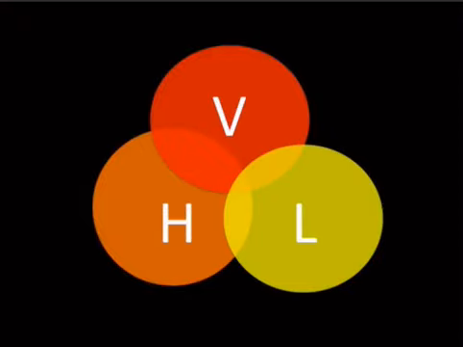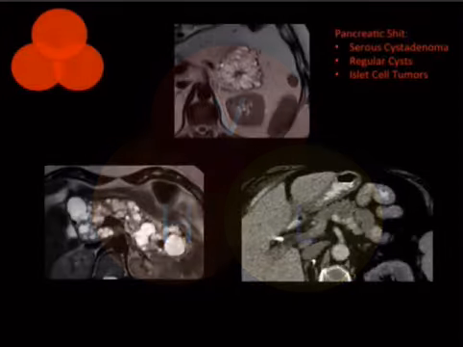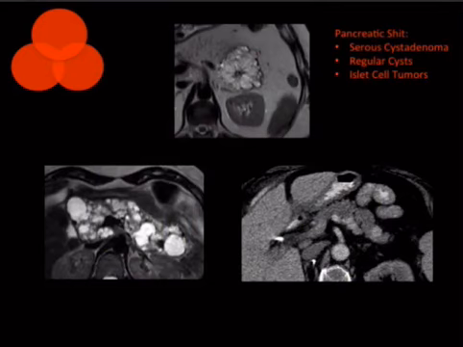Von Hippel-Lindau is 3 letters, 3 categories. Category 1 is the pancreas. Everything that can happen in the pancreas basically does, increased in von Hippel-Lindau. So serous cysts, more cysts, and islet cell tumors, which are these hyper-enhancing guys.